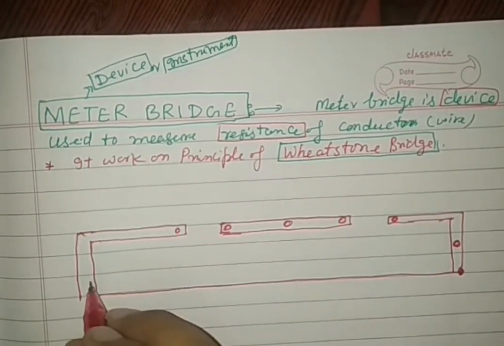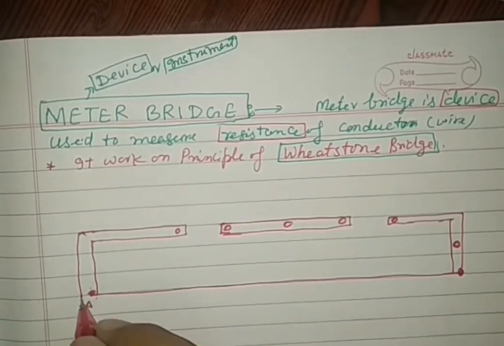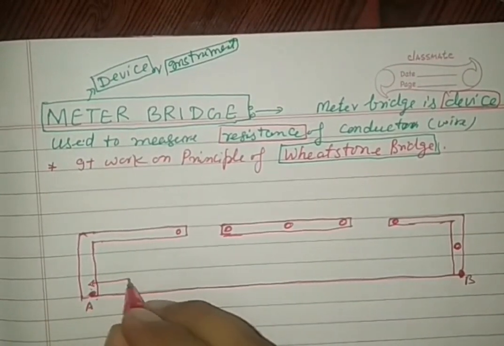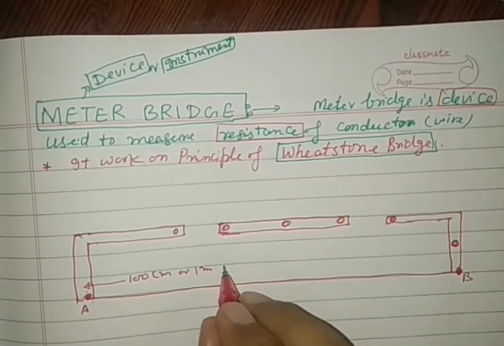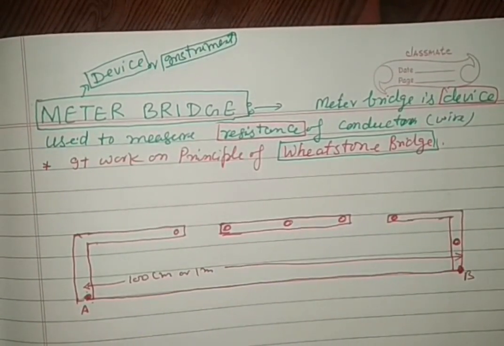So this total, from terminal A to terminal B, is 100 centimeter or 1 meter. 1 meter wire mounted on a meter scale.